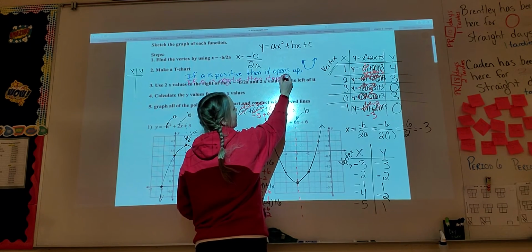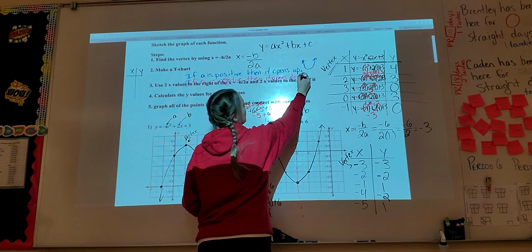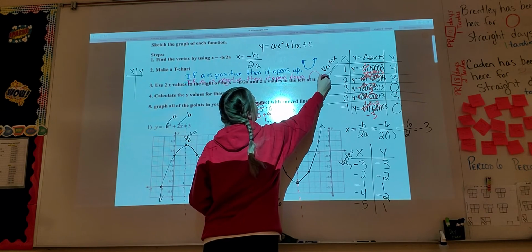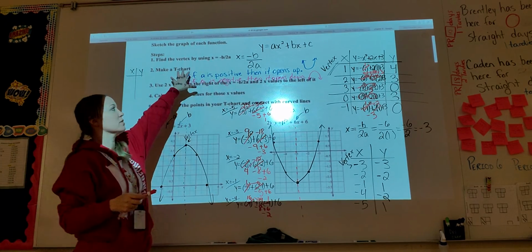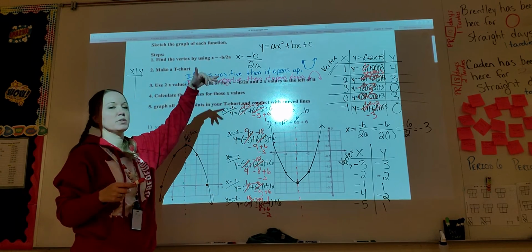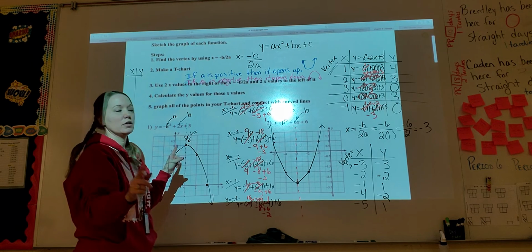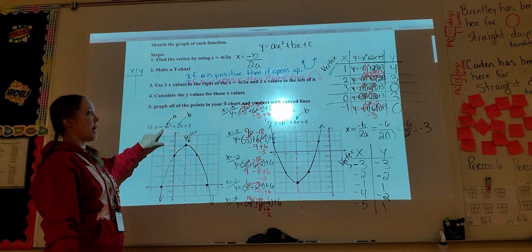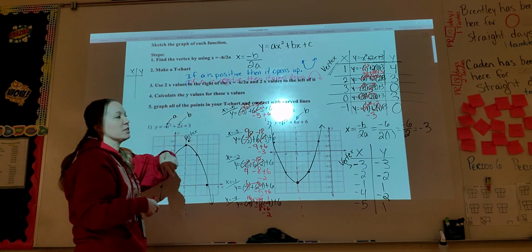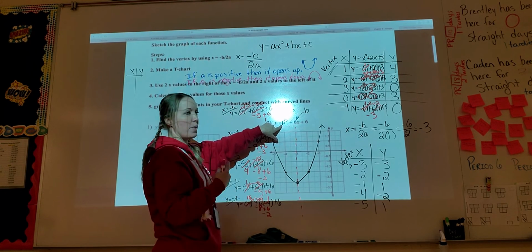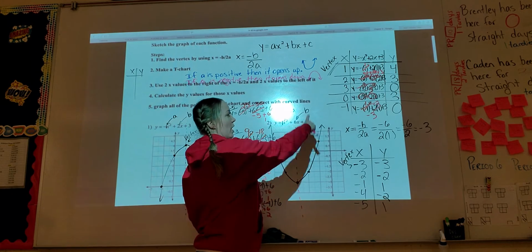It opens down. So if your A is positive, it opens up. If your A is negative, it opens down. Now let's check. On this first one, our A was a negative 1, and it opened down. On the second one, our A was a positive 1, and it opened up.